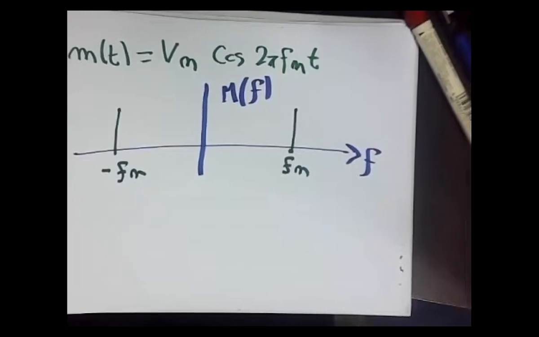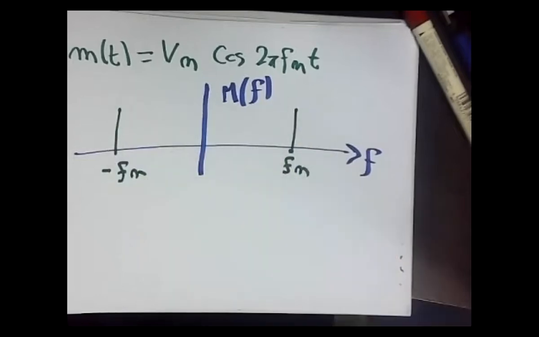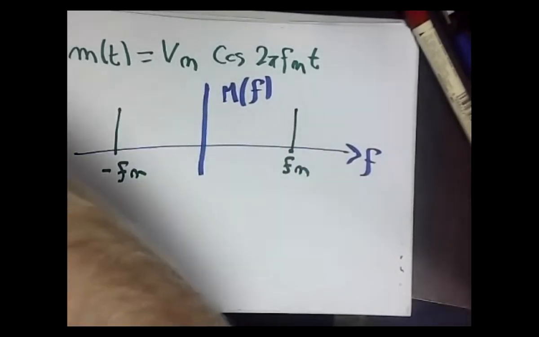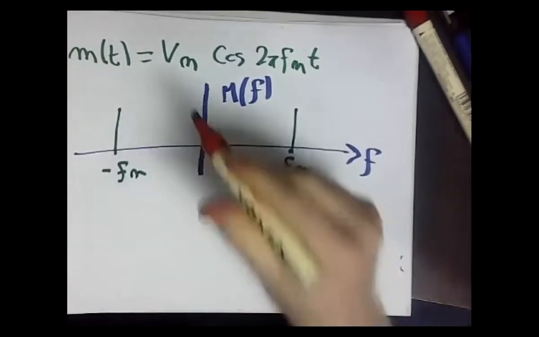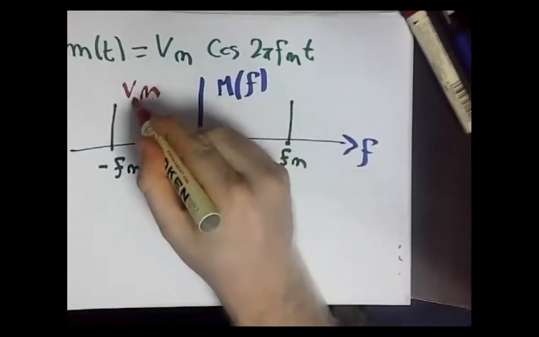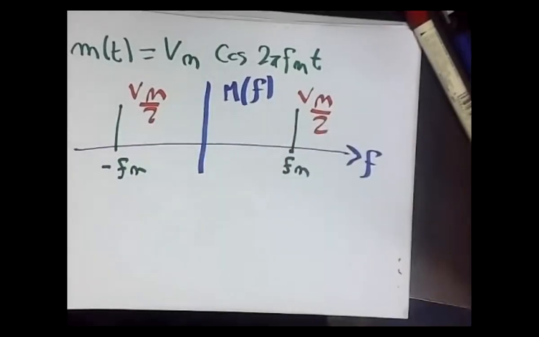But there is one piece of information: what is the amplitude of these two deltas? If you remember from your signals course, the amplitude of these two deltas is simply half of the maximum amplitude. So V_m over 2 and V_m over 2, as if you are dividing the total voltage into the two signals.